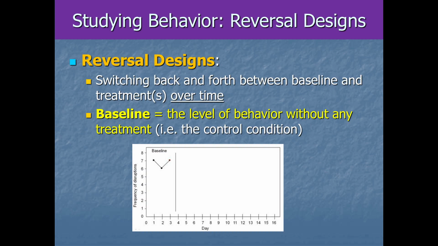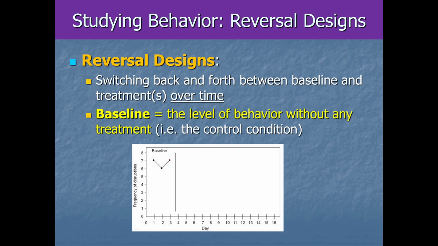Then, after you've measured the baseline for a while, you introduce the treatment. Whether it's a drug you inject, or a training you administer, an intervention you do on kids, or letting a rat run through a maze 50 times while Mozart is playing, whatever your independent variable is, that's when you do your manipulation. But then you're going to go back to the baseline condition where the treatment isn't present anymore.